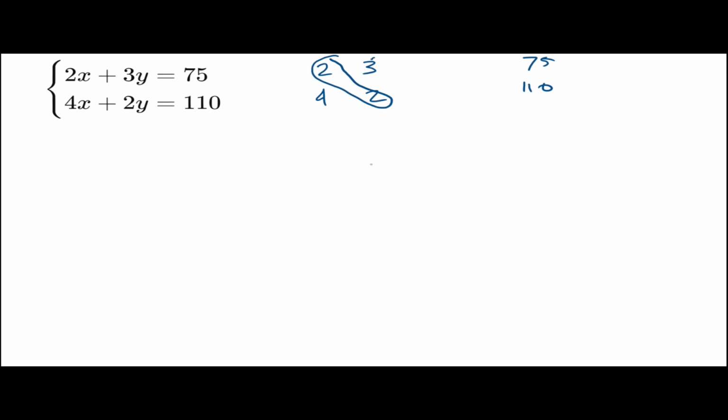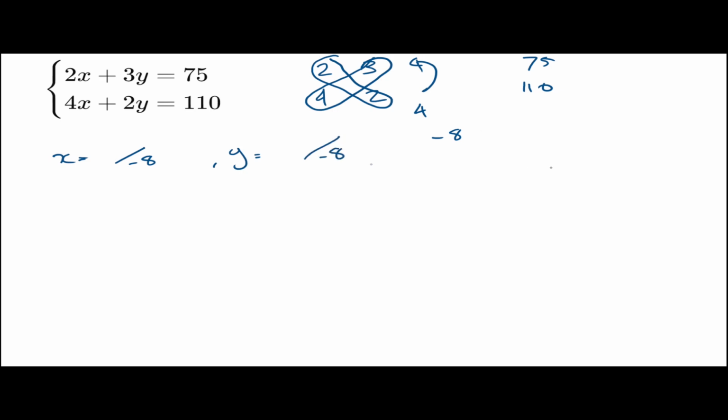So 2 times 2 minus 3 times 4, so 2 times 2 is 4, minus 12 is minus 8. Okay, so x is something divided by minus 8, and y is something divided by minus 8.